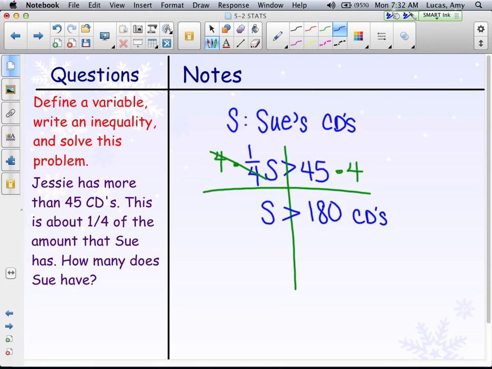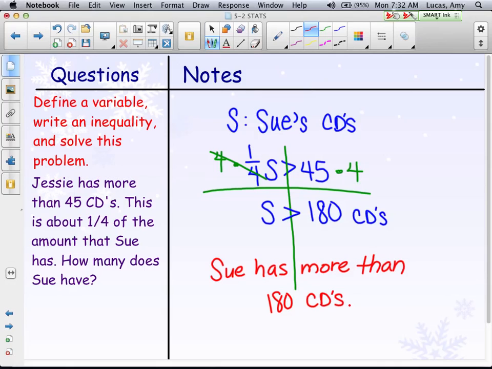So, does that make sense? If Jesse had more than 45, and that was about 1/4 of what Sue has, more than 180. That makes sense to me. So, Sue has more than 180 CDs. So think about that fraction. If Jesse has about 1/4 the amount that Sue has, that means Sue has about 4 times as many as Jesse.